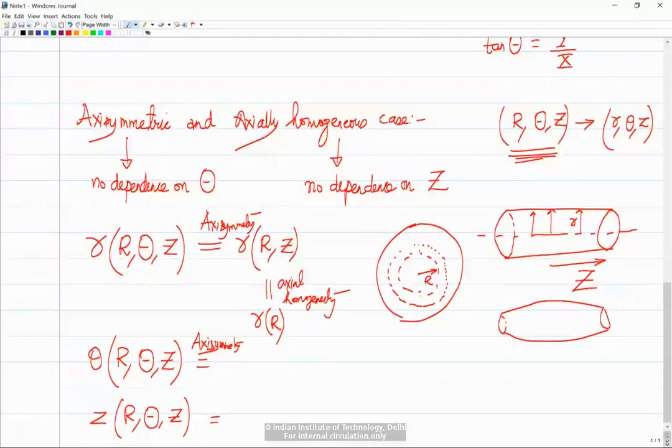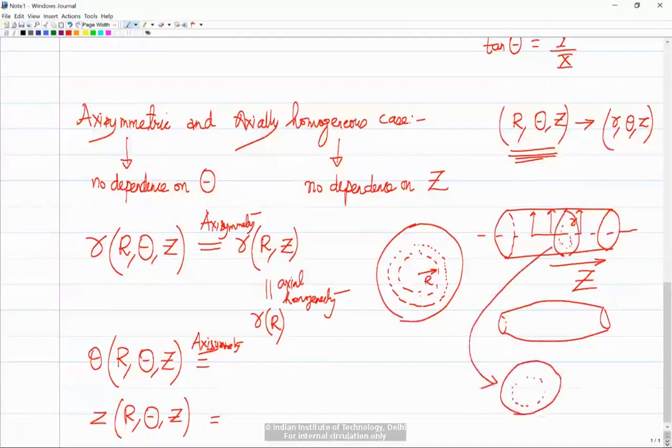What can you say about the dependence on big theta? Think of a cross section having the same big Z value, which I am drawing here. Every point has the same big Z value, and here are the points having different big theta.